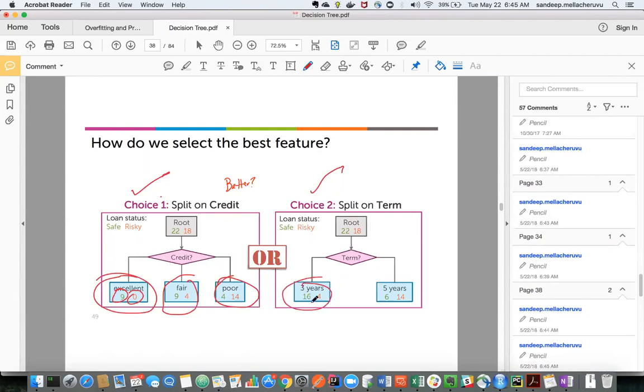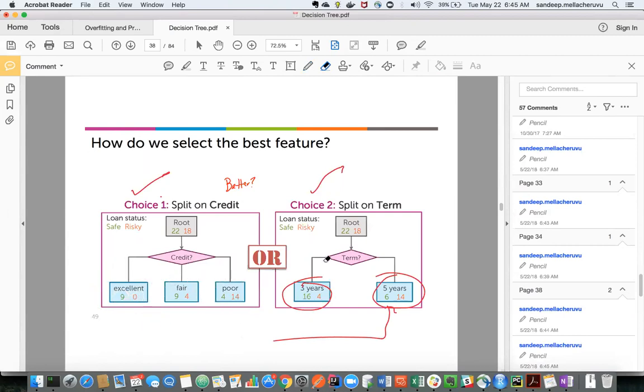And on term, you are seeing 16,4 and 4,14. I think these two are almost the same. Here it is a 16,4, but there is no pure node on the right side. On the left side split, there is a pure node. On the right side split, there is no pure node.